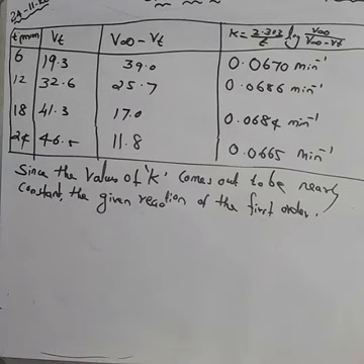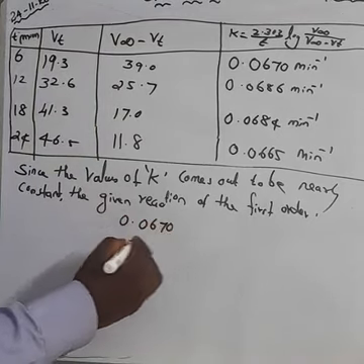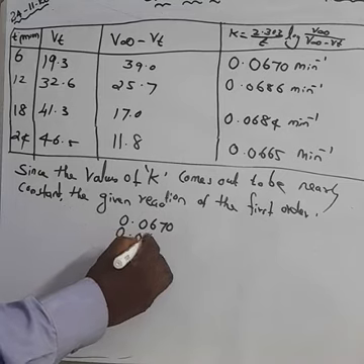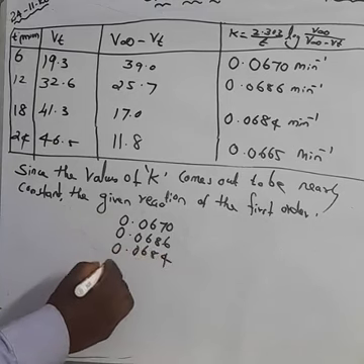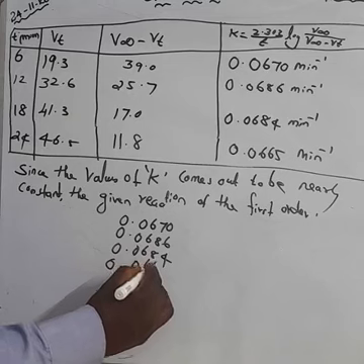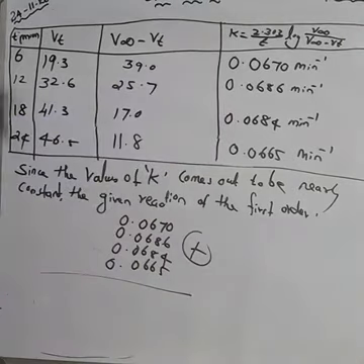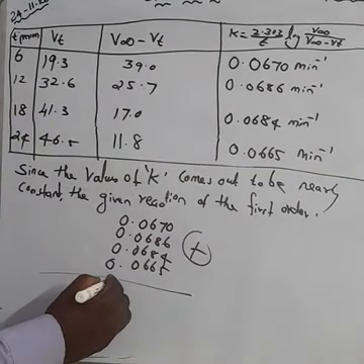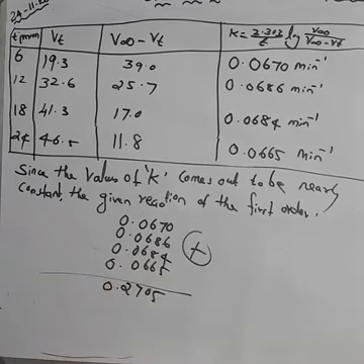So we shall take the mean value. Mean value means we add the four k values. What are the four k values? 0.0670, 0.0686, 0.0684, 0.0665. When we add these four k values, we get approximately 0.2705.